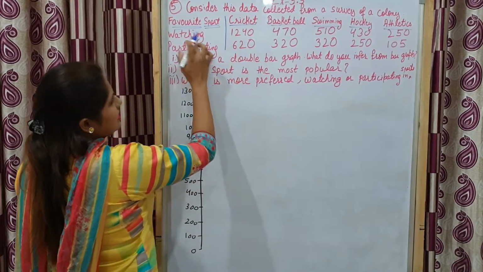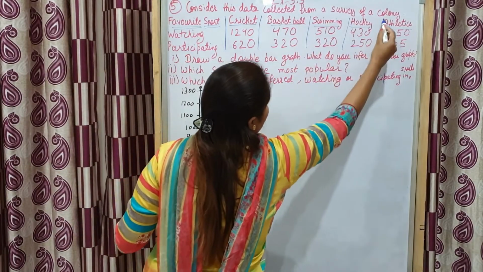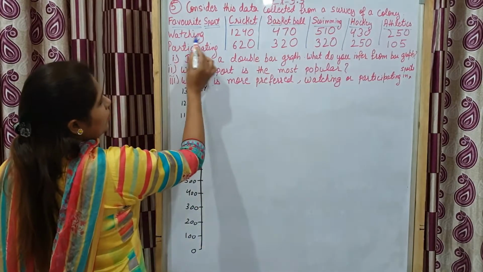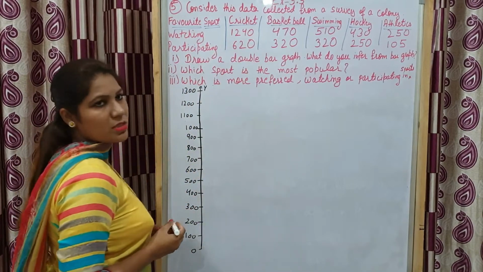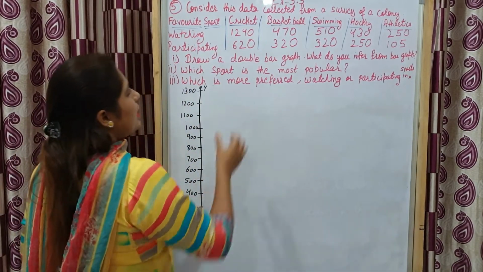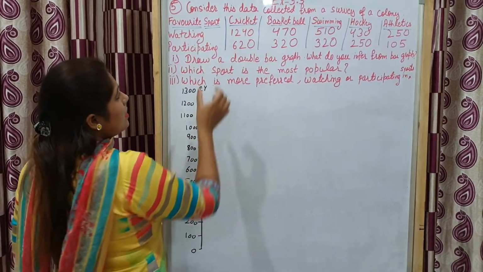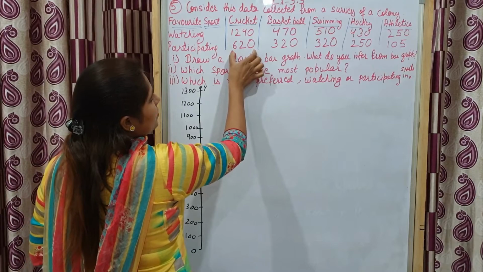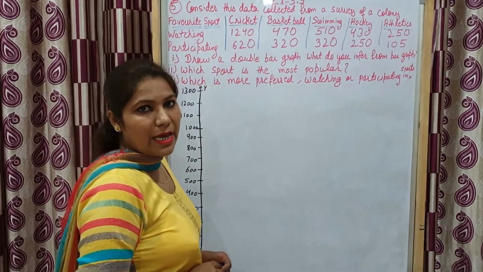Now data is given for watching and for participating. See here, watching: 1240 people watched cricket. Now see, 620 people participate in cricket as a sport.